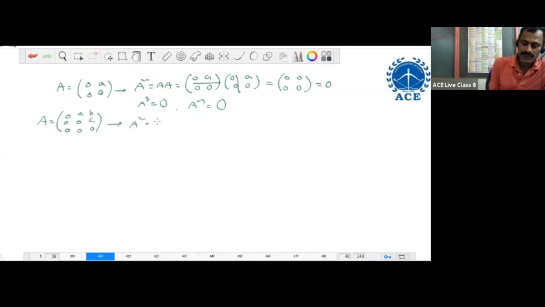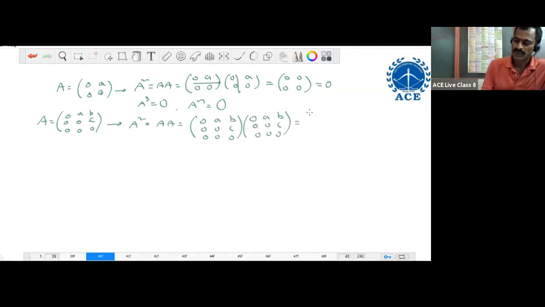We require A square, that is A into A, equal to [0, a, b; 0, 0, c; 0, 0, 0] into [0, a, b; 0, 0, c; 0, 0, 0], equal to the rows and columns computed: the only non-zero entry is a into c, that is ac, and the rest are 0.